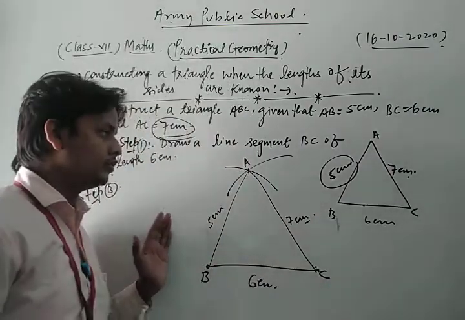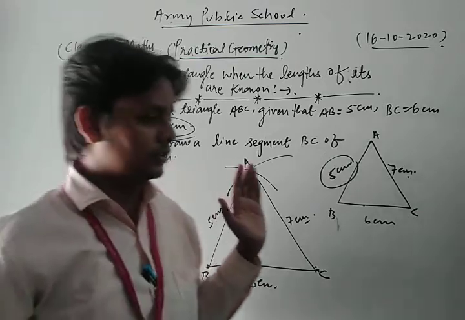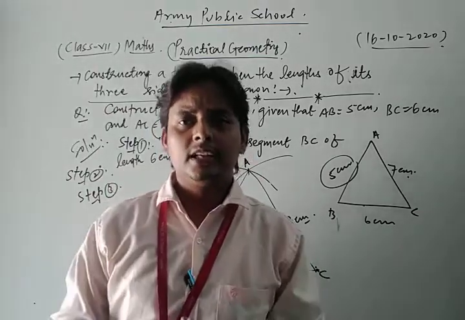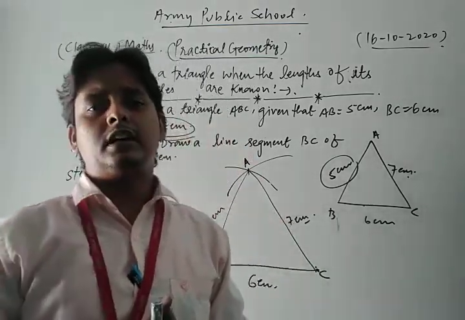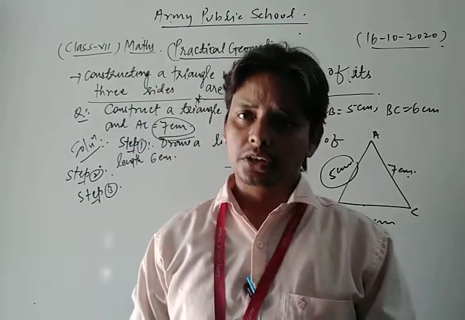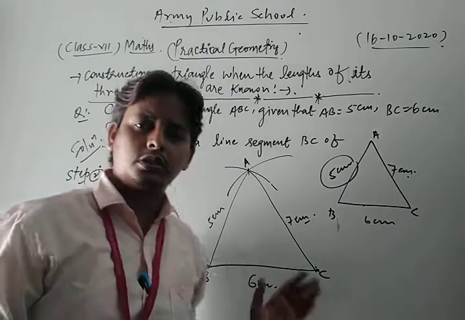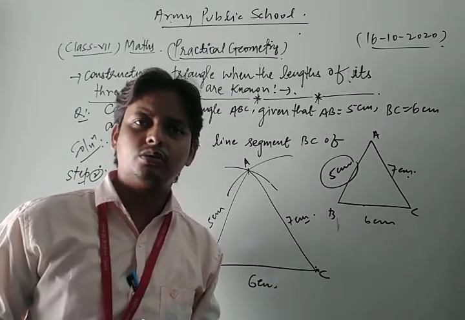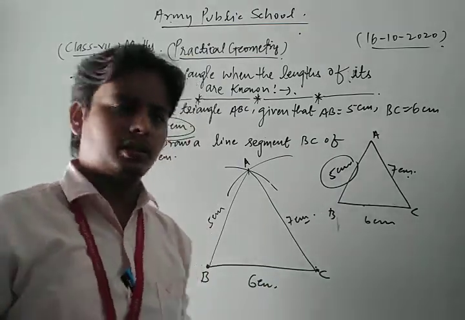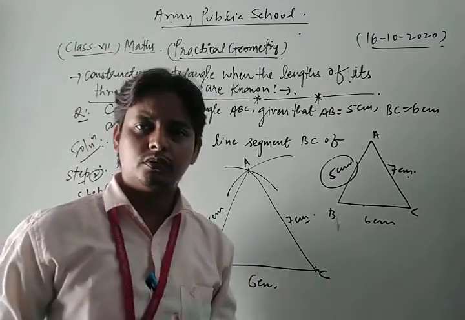Just in this way you can construct a triangle ABC when all of its three sides are given. These are the important basic steps to construct this type of question.